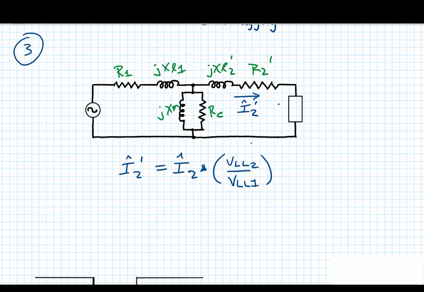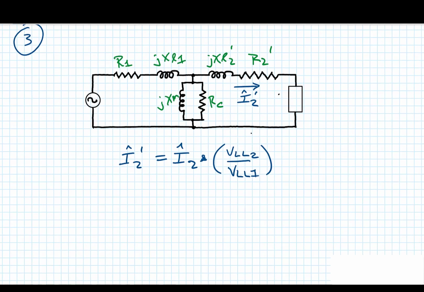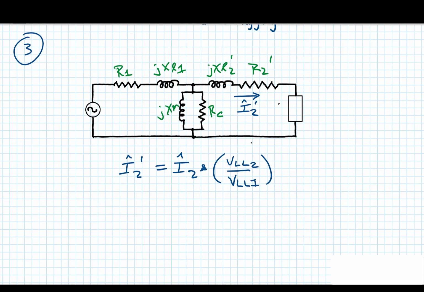I'm going to use this to find I2 prime. So that's step 3. Again, I want to remind everyone that everything that I'm showing here in green is given in solving this circuit.